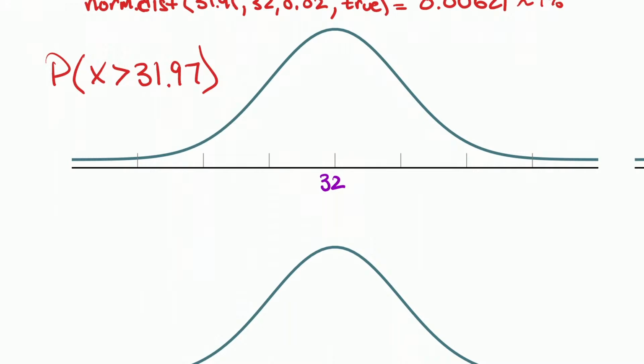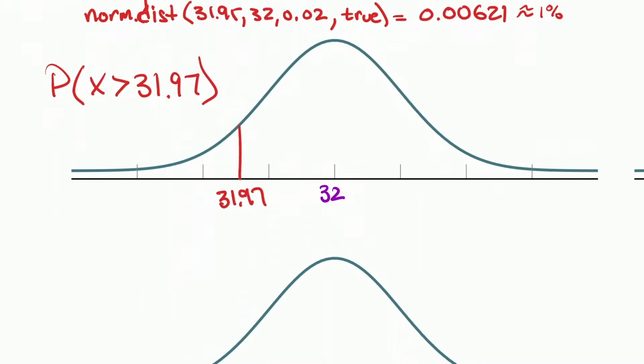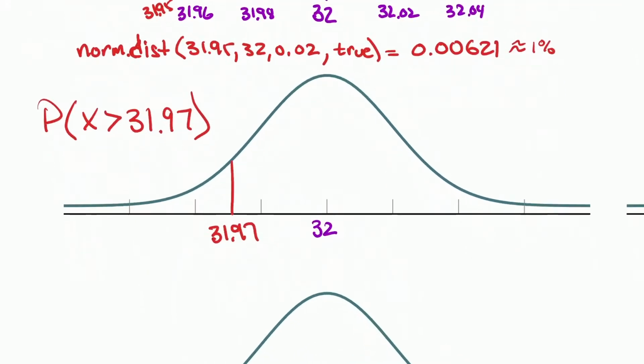I think I'll put it right about here. Is that about where it should be? And then shade, like what I did up here, highlight the portion of the curve that we're interested in when we say more than 31.97.